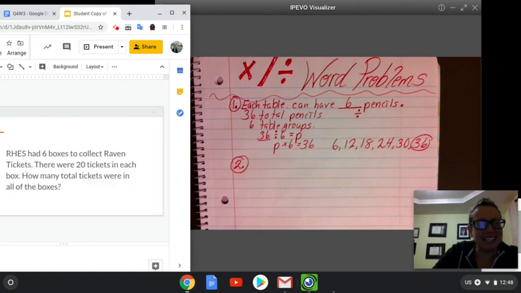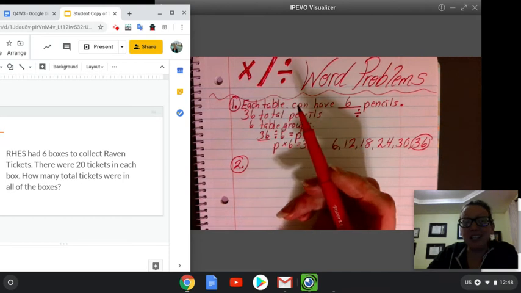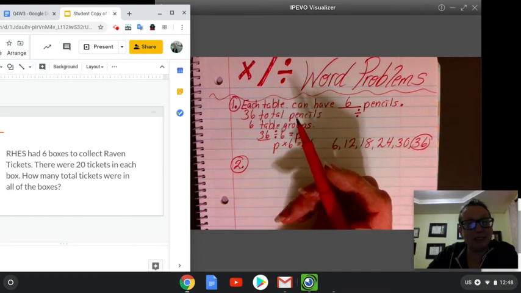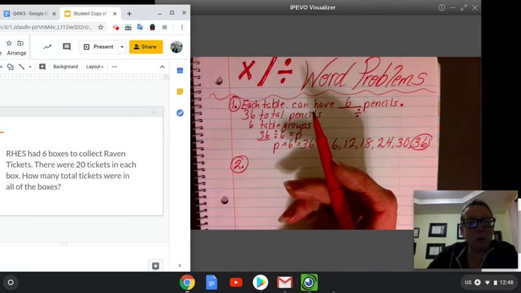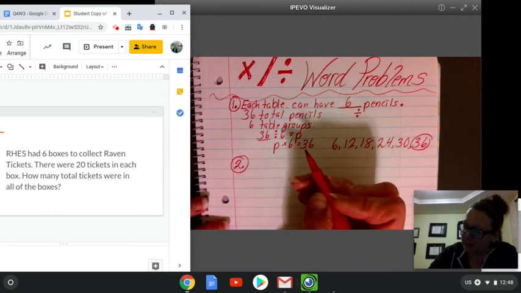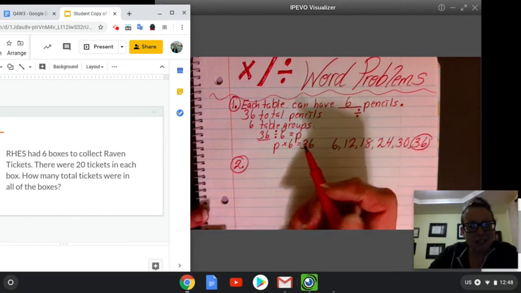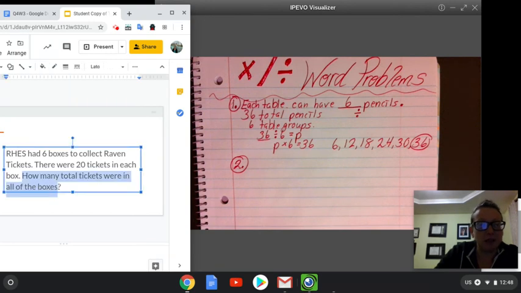All right, let's see. Here we go. RHES had 6 boxes to collect Raven tickets. There were 20 tickets in each box. How many total tickets were in all of the boxes? So first, we want to use this question, how many total tickets were in all of the boxes?